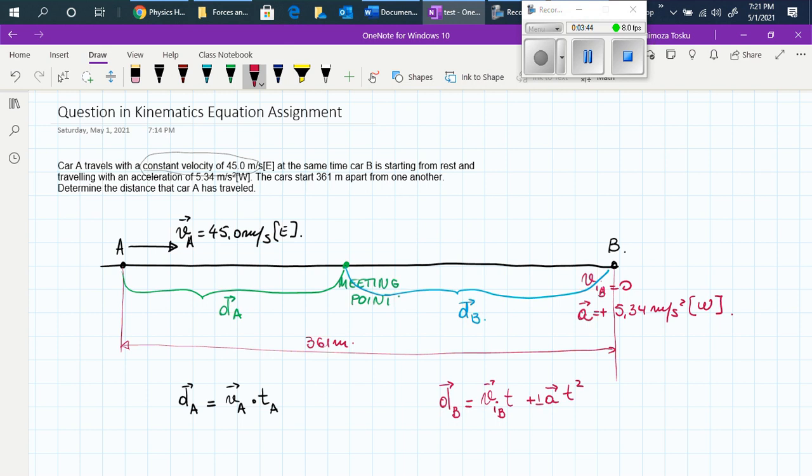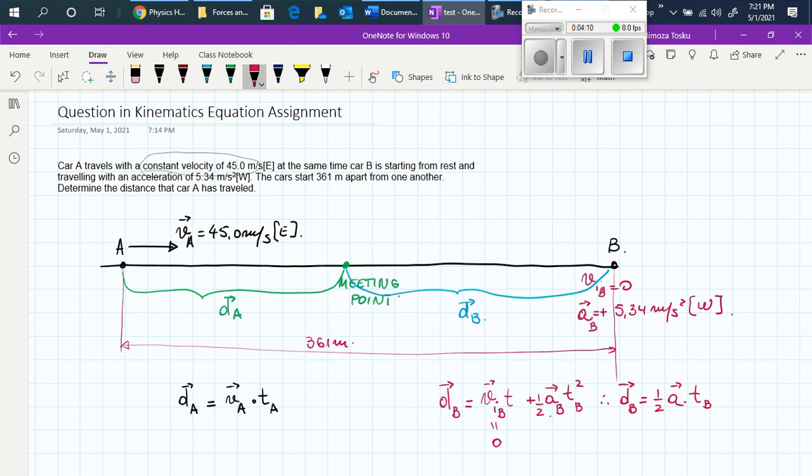1/2 a t squared. Since the initial velocity is 0, the displacement that car B obtains is 1/2 times the acceleration of car B times t squared.